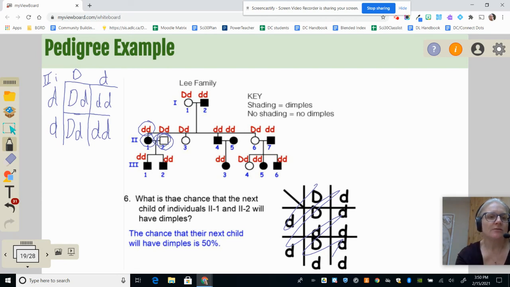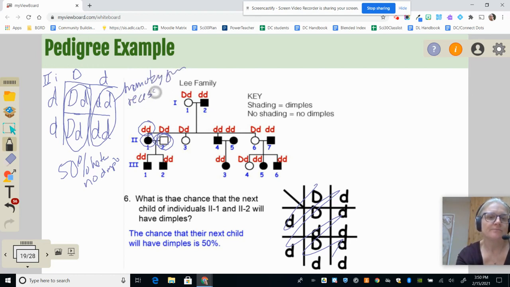So it looks like 50% of the offspring are going to be heterozygous, which would be what kind of phenotype? No dimples, right? And then 50% are homozygous recessive, and they will have dimples as their phenotype.